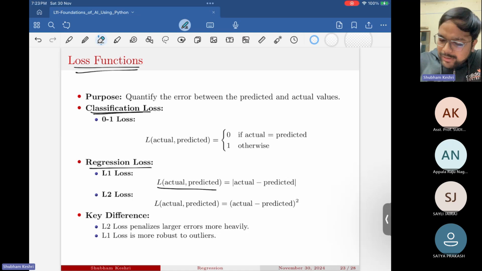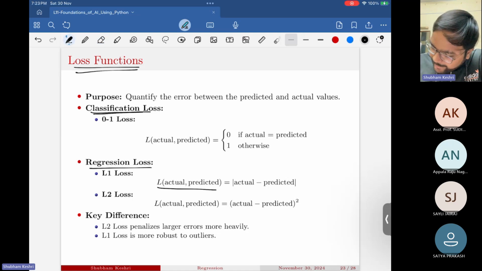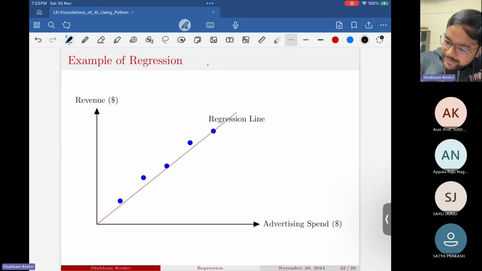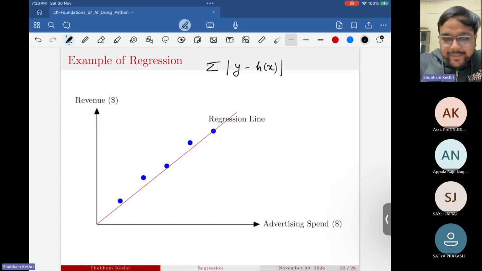Why modulus? Because we will sum it over all the points. Suppose actual is y and predicted is h of x. We will take the sum of these over all the points in the training set.